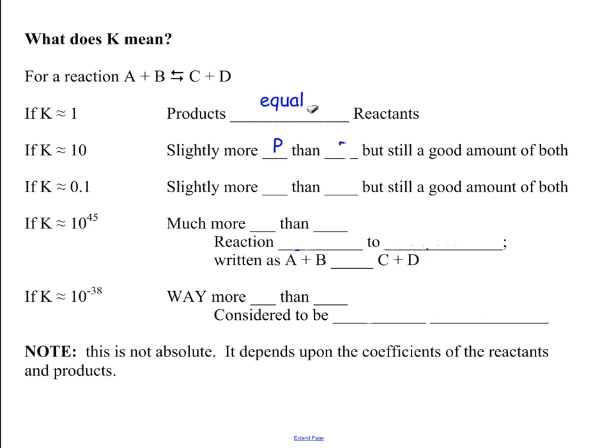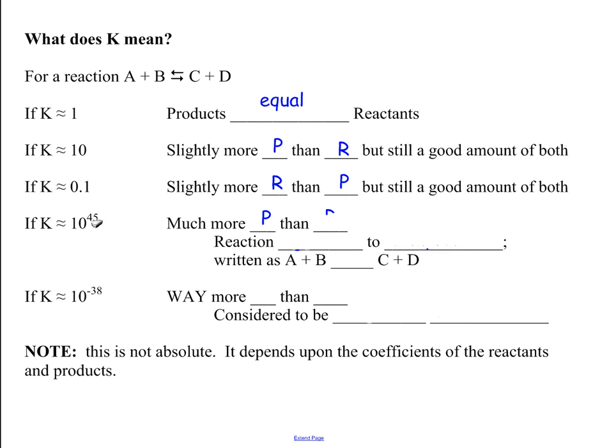So the reactions we looked at before, the ones where we ended up with 1.86, 0.06, or 0.62, about equal. If K is 10, you have a little more product than reactant. Even if K is 100, little more product than reactant, but a lot of both. If K is 0.1 or 0.01, little more reactant than product, but a lot of both.